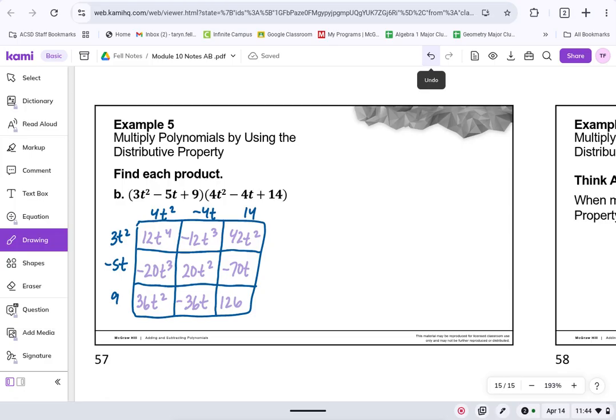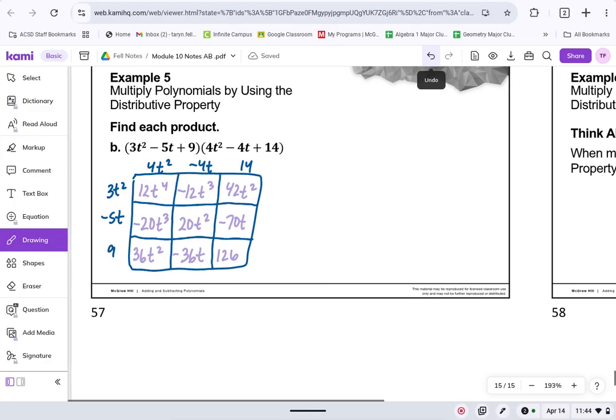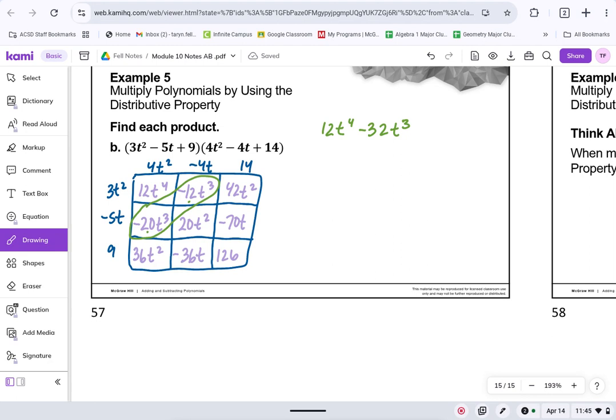Now if I look at the diagonals, I will see what I have to combine, or I can list it out. Okay, I'm going to look at the diagonals in this case because they go together. So I have my t cubes. I start with 12t to the 4th, and then negative 20 and negative 12 gives me negative 32t to the 3rd. And then if I look at my squares, I get a lot.